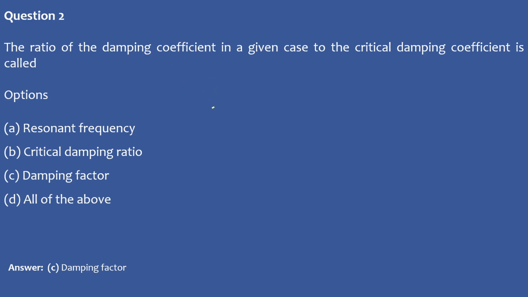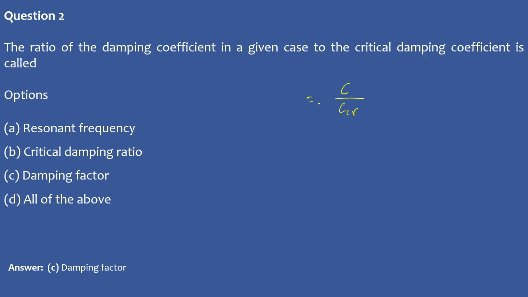You have been asked to calculate the damping coefficient in a given case relative to the critical damping coefficient. Let's say in a certain case you have a damping coefficient C, and the critical damping coefficient is given by CCR.